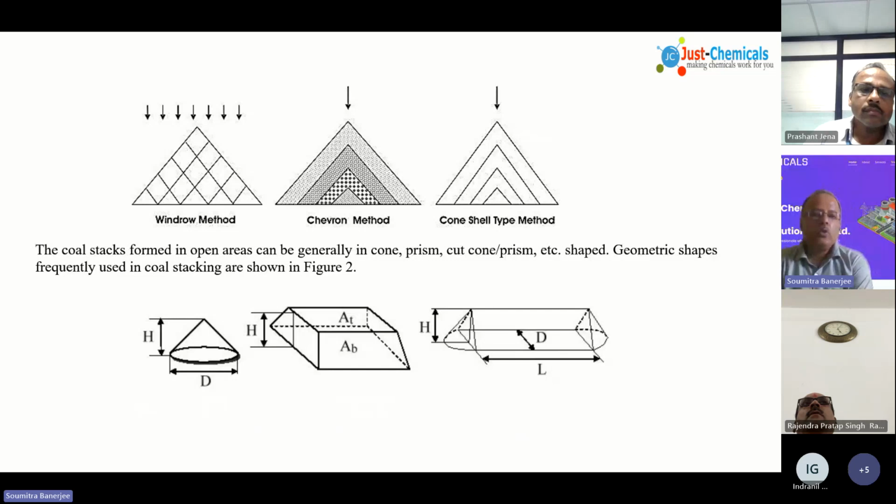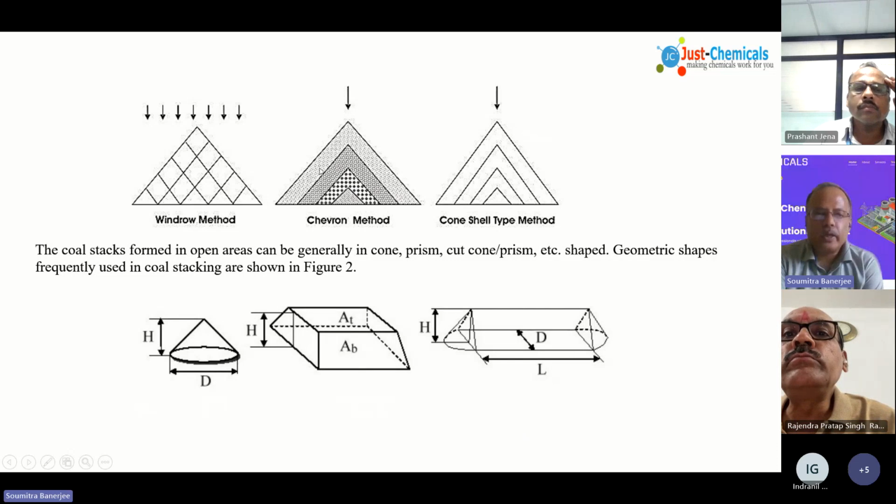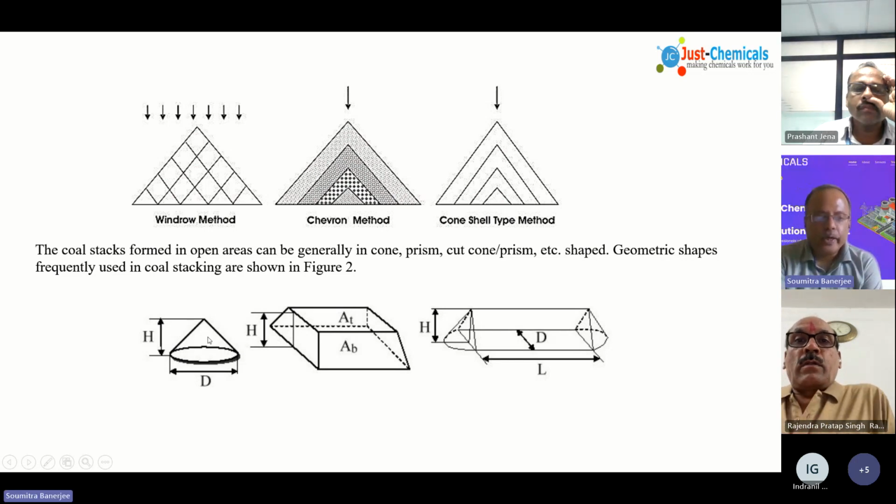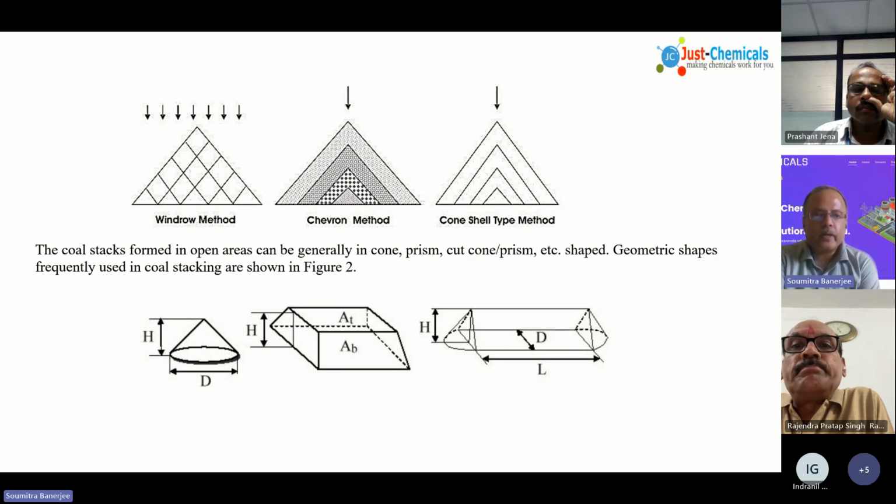These are the three coal stockpile methods, and the chevron method is what is generally used by large power plants. Conical is to be avoided. The best is this kind of structure which you see here as figure 2B. This is figure 1A, B, C, and this is figure 2A, B, C. Figure 2B is the best kind of stockpile you can make.